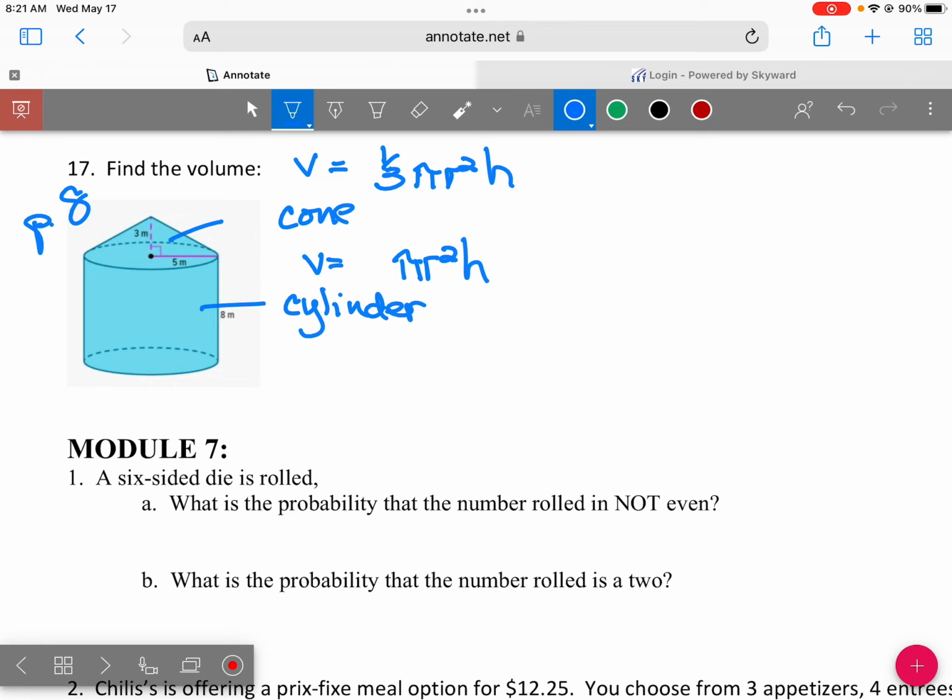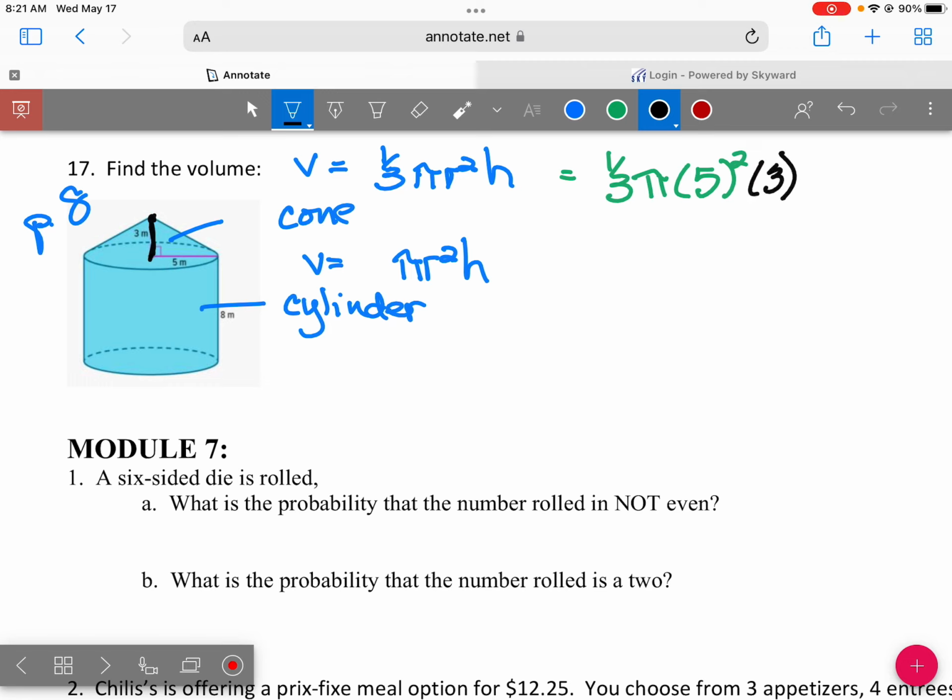So the volume of the cone is going to be 1/3 times pi times my radius, which is 5 squared, times what is the height of the cone? 3. So this is the height. It doesn't say slant height. If they wanted slant height, they would put the cursive L. So that is times 3.